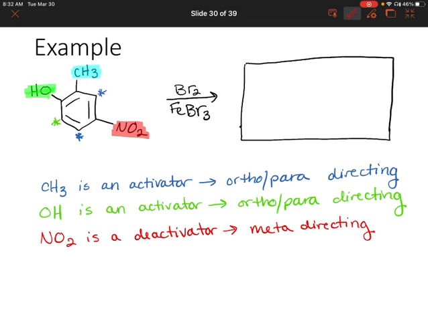One of the meta positions is blocked by the methyl group, but the other meta position relative to NO2 is free, and that lines up with the alcohol ortho position. So how do we decide where bromine goes? It looks like there's a bit of a tie in terms of where things could end up.